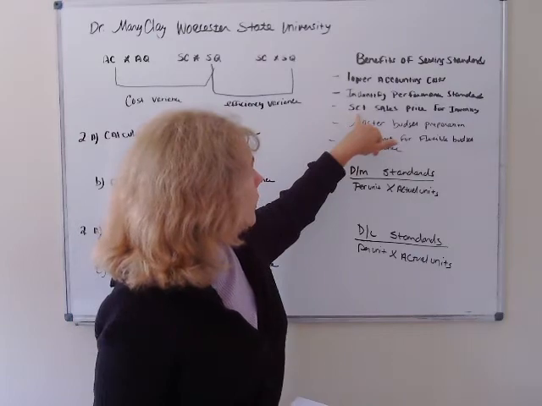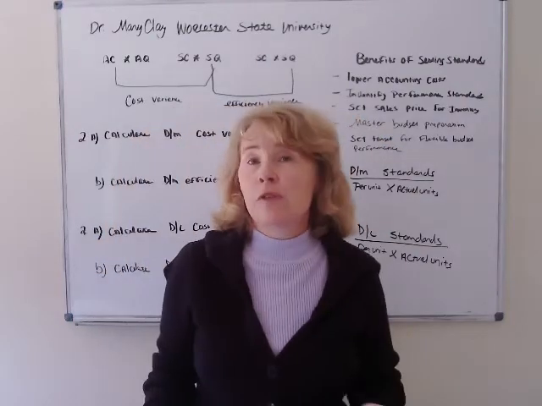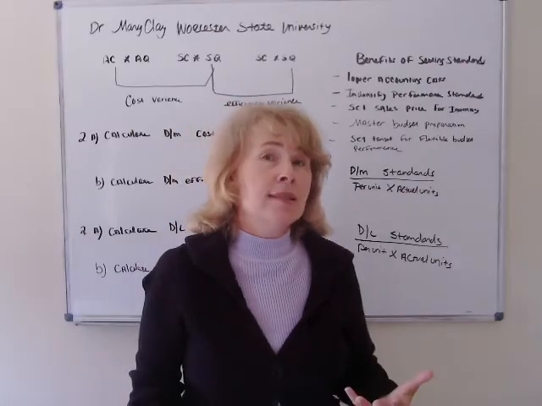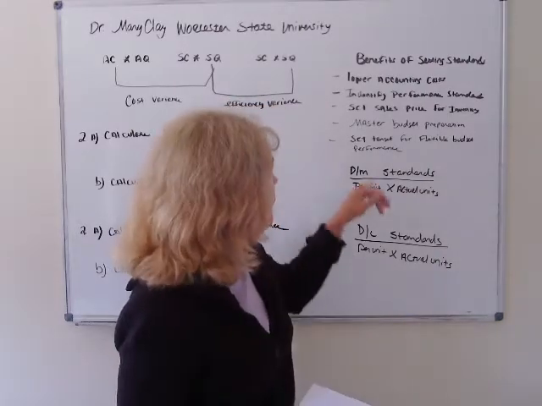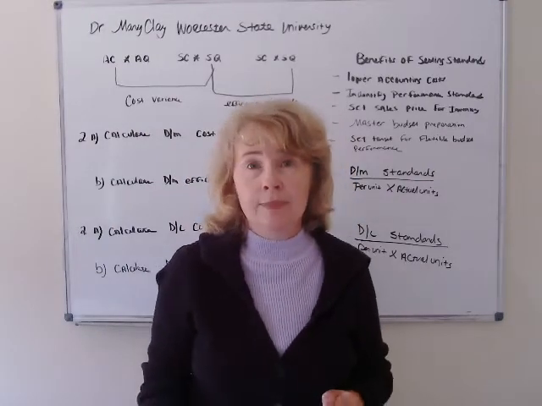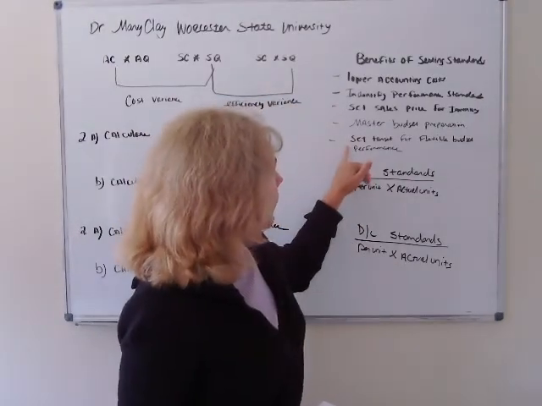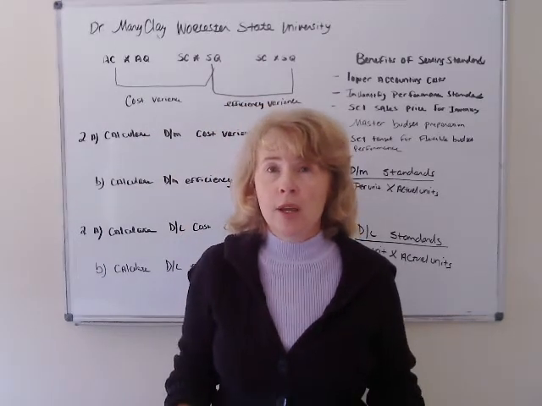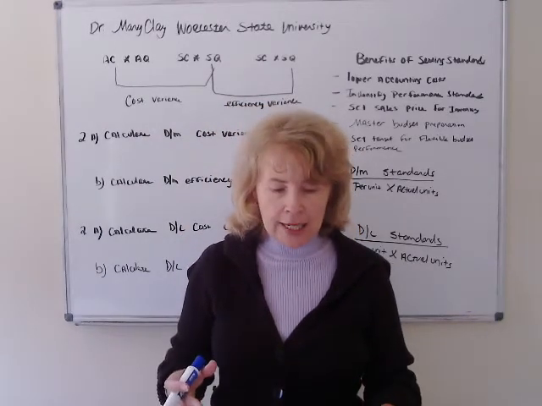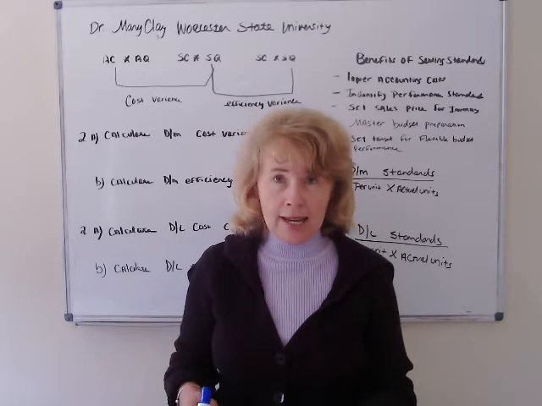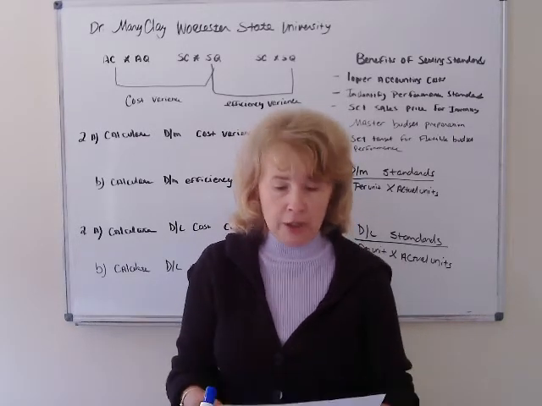It's also going to help them set the sales price for inventory, the price that they need to sell that inventory for. It's going to help with the master budget preparation. It will help set targets for flexible budget performance. So many different areas are going to be used to analyze these budget variances.